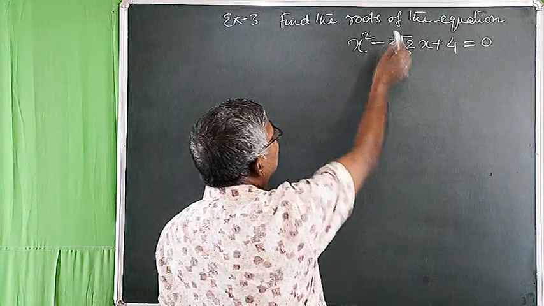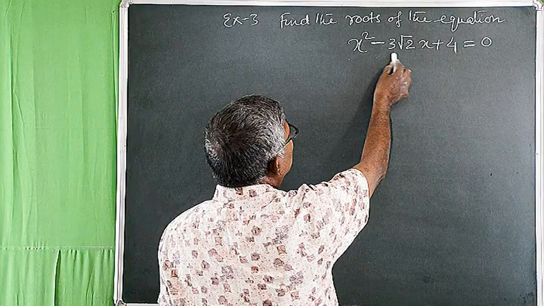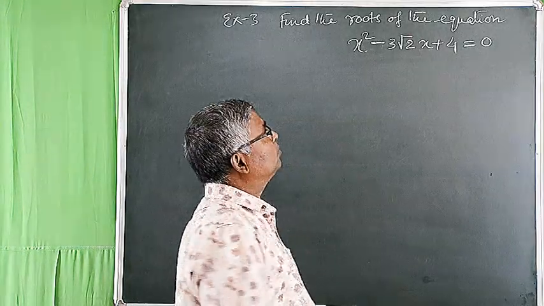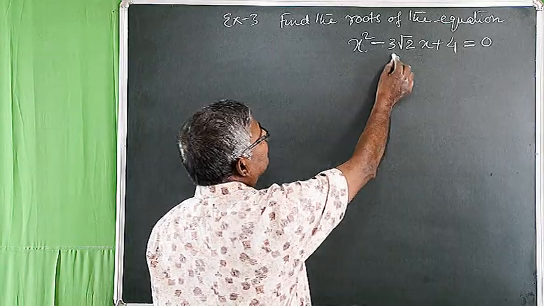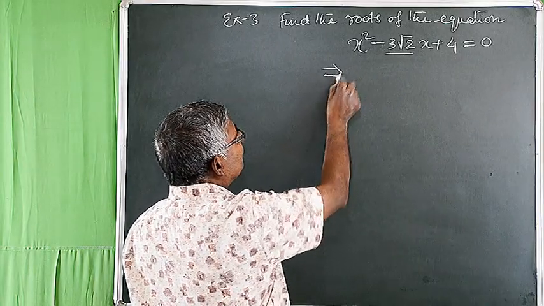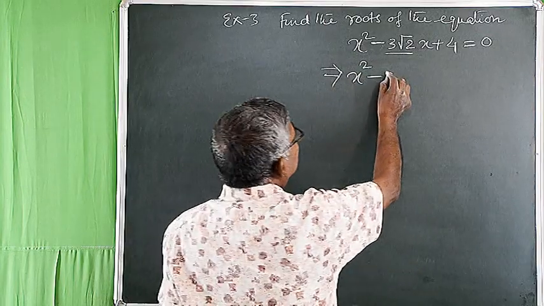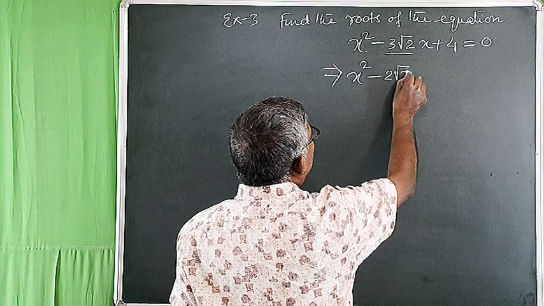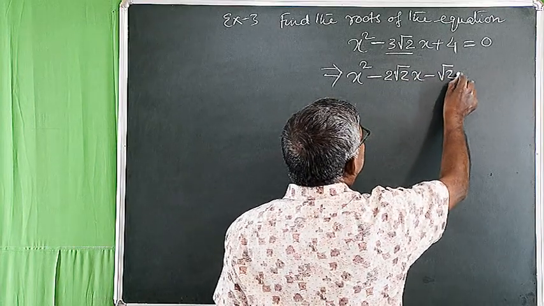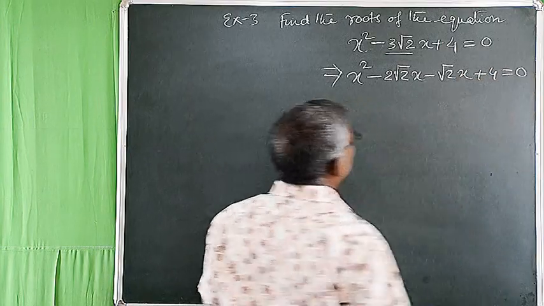Find the roots of the equation x square minus 3 root 2 x plus 4 equal to 0. To solve the equation, let us expand the middle term as follows. This implies that x square minus 2 root 2 x minus root 2 x plus 4 equal to 0.